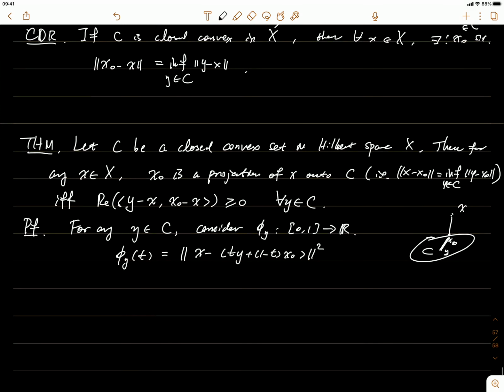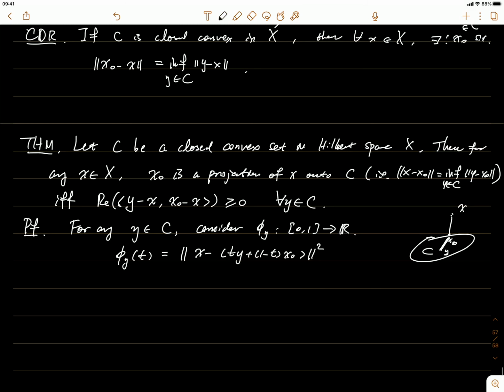Okay, and you can observe several things. One thing is that when t is equal to 0, then this is gone, and this is just 1. So you just have x minus x naught squared. Okay. So you know this is smaller than or equal to the norm of x minus z, because this thing is in C. So this is less than or equal to the norm of x minus z for any z in C, right?